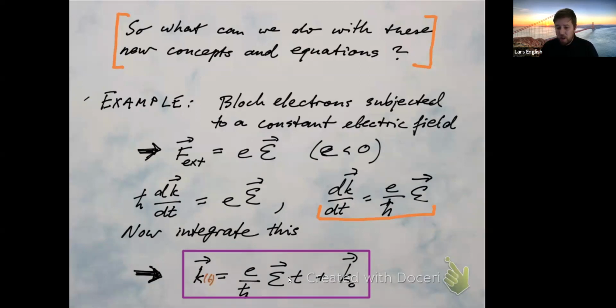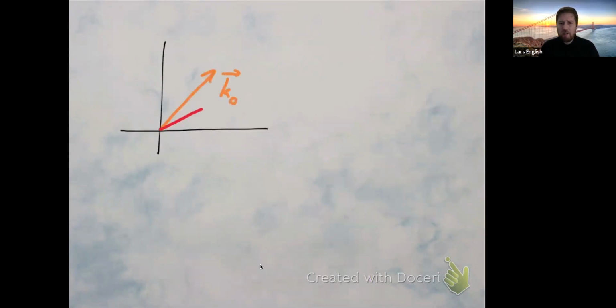So here's the time, here's the electric field, okay? Here's a constant e over h bar, but here it's basically linear in time. And we have a constant of integration called k naught. So that's where we start out at time equal to 0. At time equal to 0, the k is equal to this k naught. And then we basically just march in the direction of the electric field.